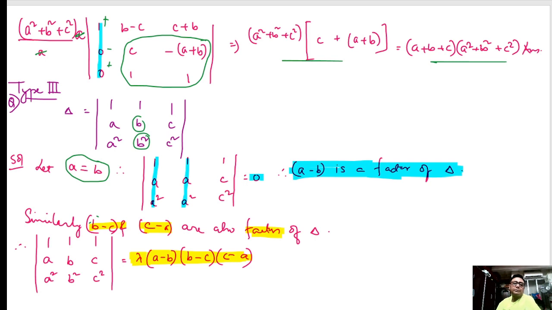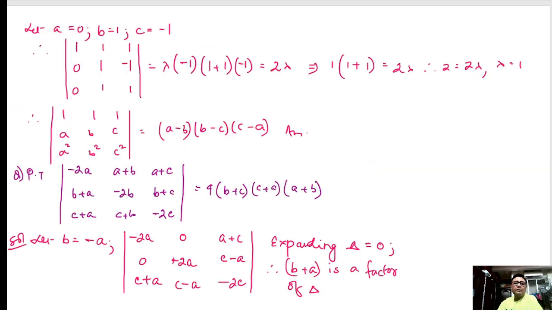So how to do that? For finding the value of the multiple, please watch here. You have to assume some values of A, B and C and put them in your original determinant. And this is the determinant. In the original determinant we have put it.